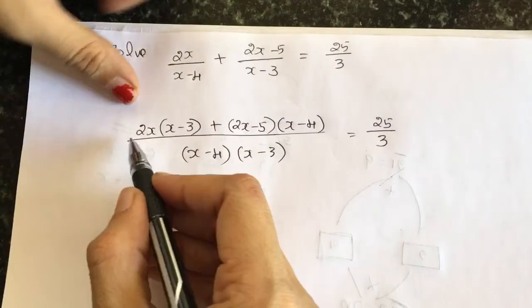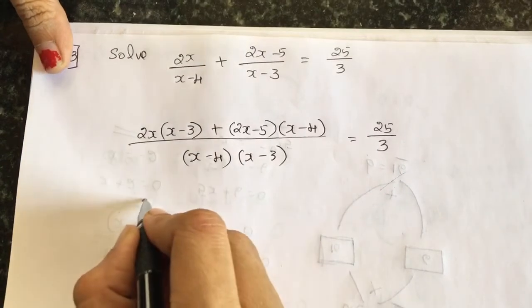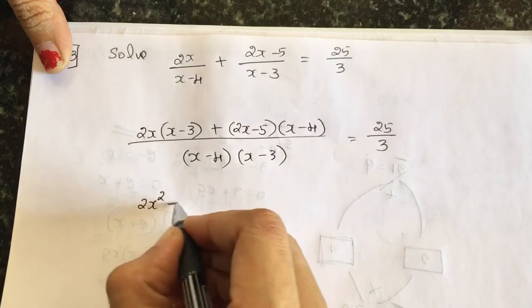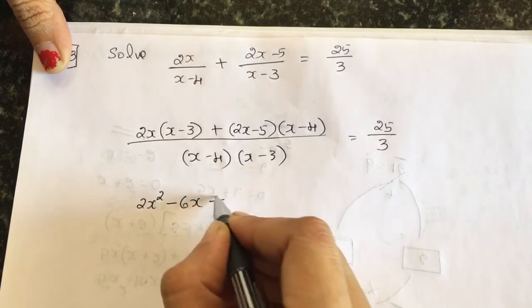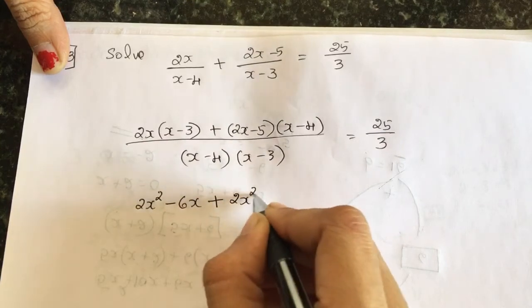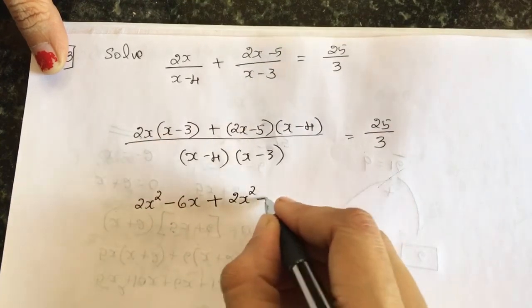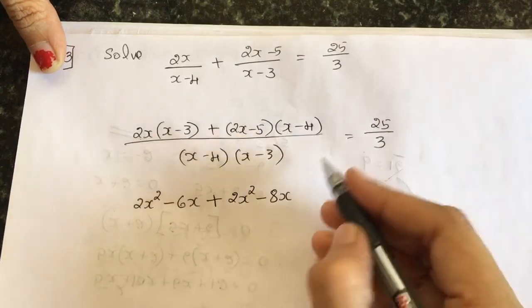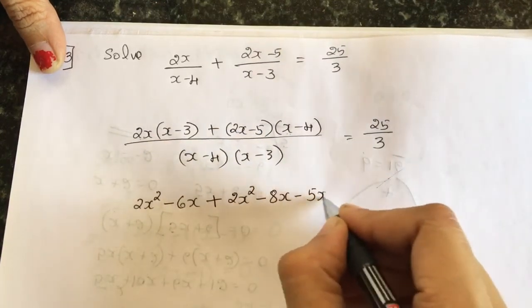Now go for multiplying. 2x into x is 2x square. 2x into minus 3 is minus 6x plus 2x into x is 2x square. 2x into minus 4 is minus 8x. Then take up this. Minus 5 into x is minus 5x.